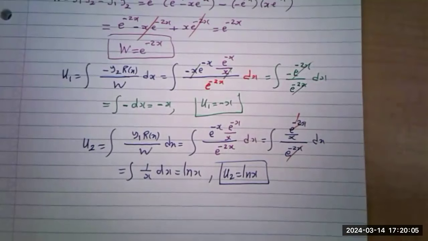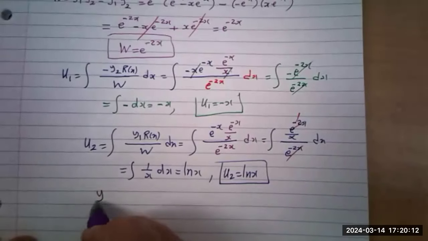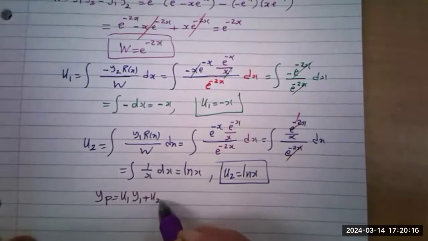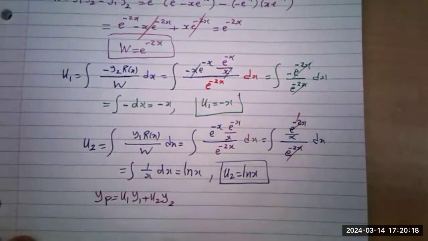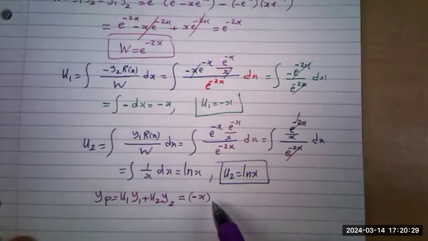We get it right. Now we have the u1 and u2. Nicely, we can write the yp. Okay, yp is u1 y1 plus u2 y2. Substitute, simplify. u1 is negative x, so negative x times the y1. y1 is e to the negative x.